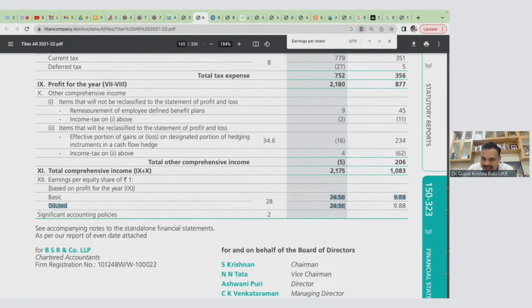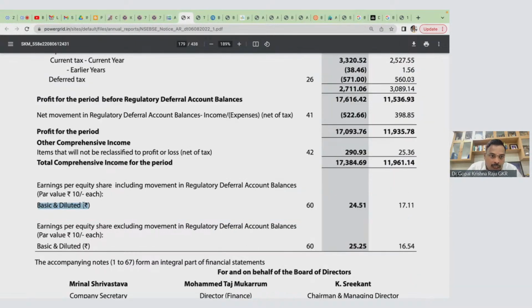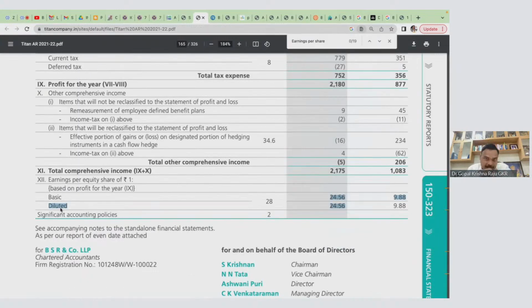Now, both they are disclosing, and actually both are the same. So that means the numerator is the same, the denominator is the same. Then why are they giving these two disclosures? Okay, please wait. In Power Grid, they gave both put together as the same. There is this basic and diluted, they didn't show separately. They said both are the same. And with Titan, they are giving two separate lines.